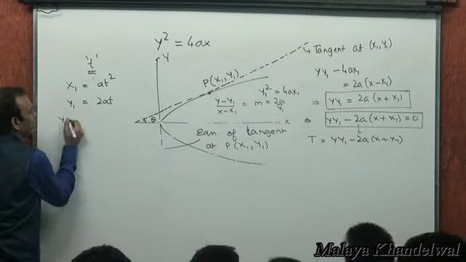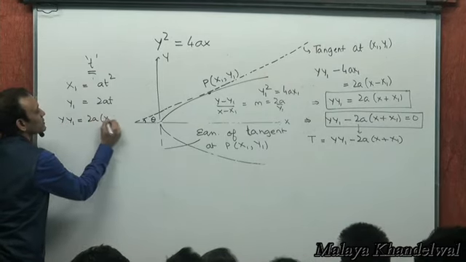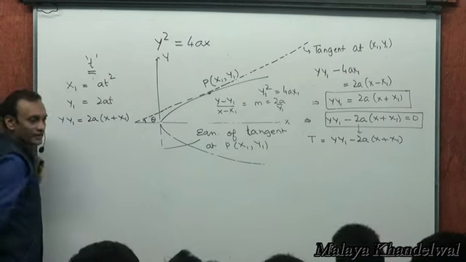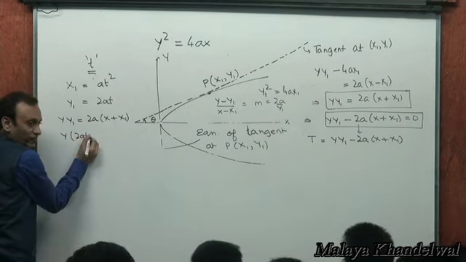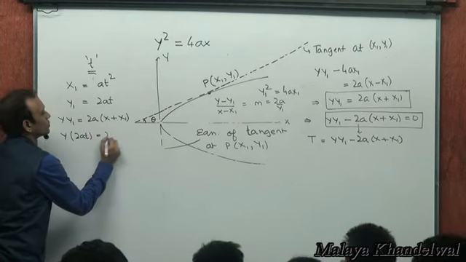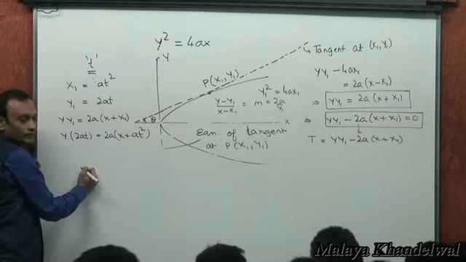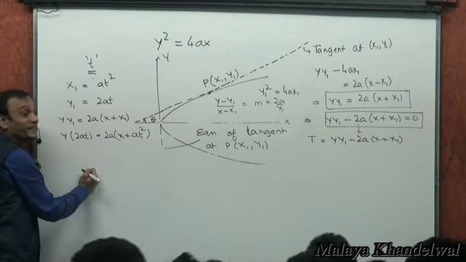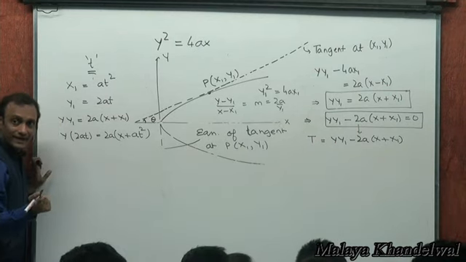Then the equation of the tangent at x1, y1 would be y1 is 2a into x plus x1 is the equation of the tangent. I could have written this as y into 2at is 2a into x plus at squared. That's the equation of the tangent at any t of the parabola, standard parabola y squared equal to 4ax, right.